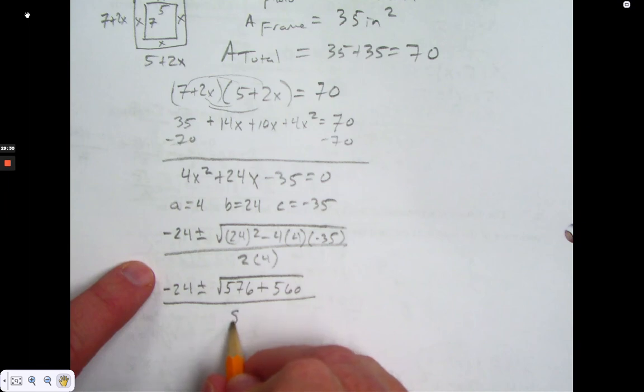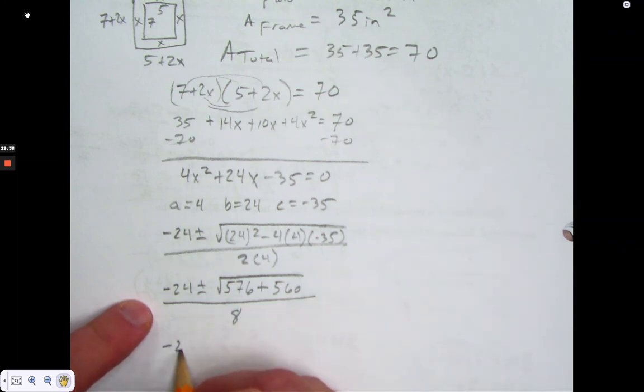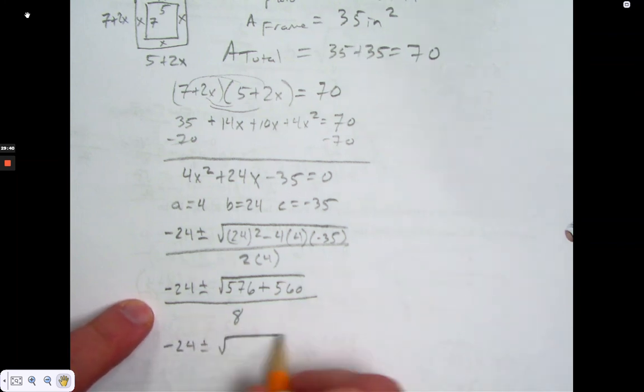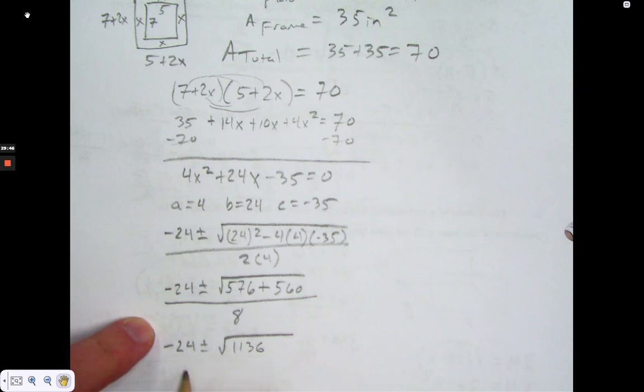All divided by 2 times 4, which is 8. So at this point, that gives us a negative 24 plus or minus the square root of 1136, so 1136 all over 8.